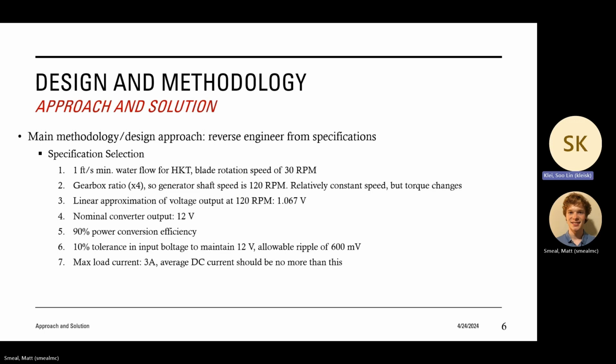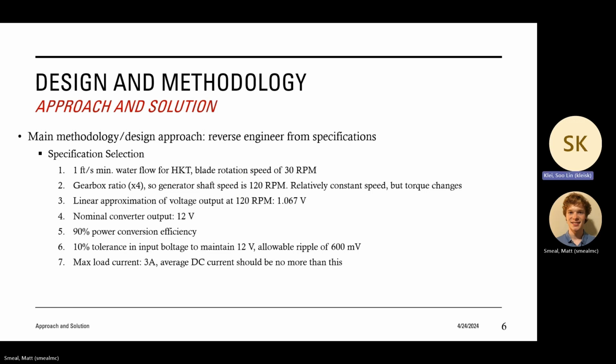So the main methodology and design approach for this was reverse engineering from the specifications. Our specifications that we selected were 1 foot per second water flow for the HKT, blade rotation speed at 30 RPM, and a gearbox ratio so the generator shaft speed is 120 RPM, relatively constant speed, but the torque changes.